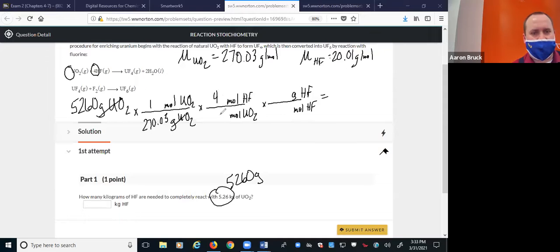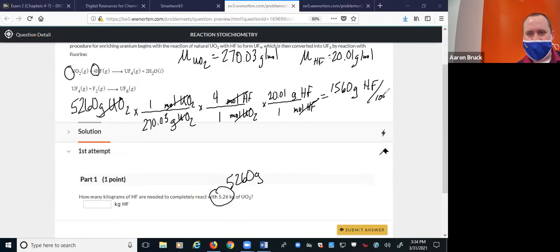It's a 4-to-1 ratio of hydrofluoric acid to UO2, and 20.01 grams in every mole of hydrofluoric acid. 5,260 multiplied by 4, multiplied by 20.01, divided by 270.03, to 3 significant figures is 1,560 grams of HF.